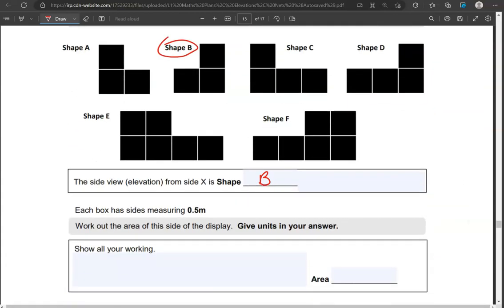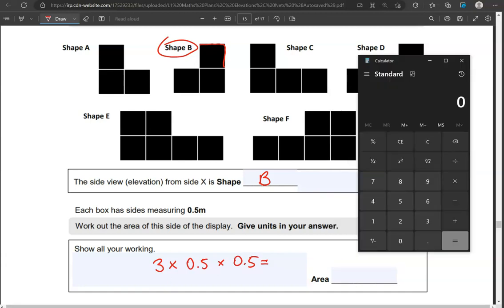Each box has sides measuring 0.5 meters. Work out the area of this side of the display. Give units in your answer. Show all your work. So we've got 0.5 and 0.5 meters, and it's 3 of them. So what we're going to do is 3 times 0.5 times 0.5, because area is worked out by multiplying length and width, or side length in this case, because it's a square.